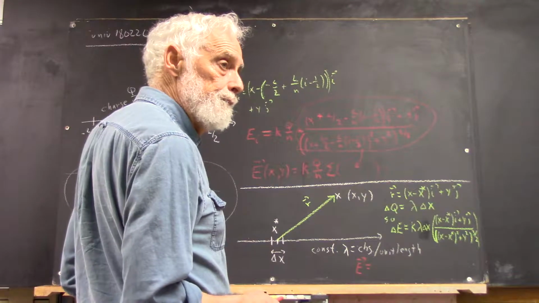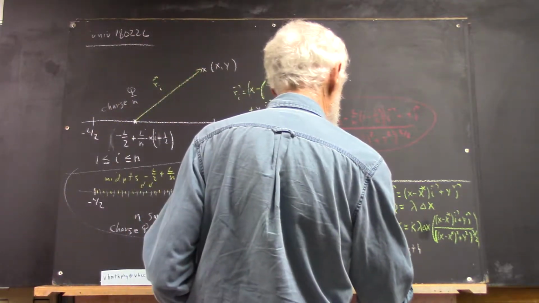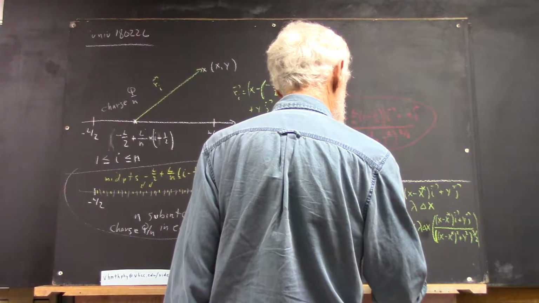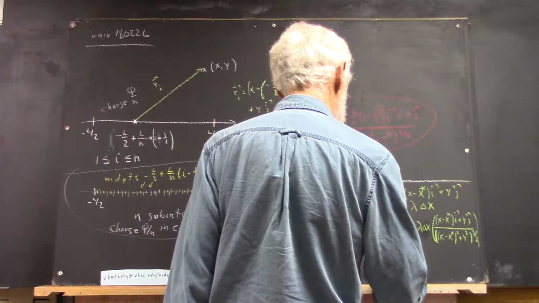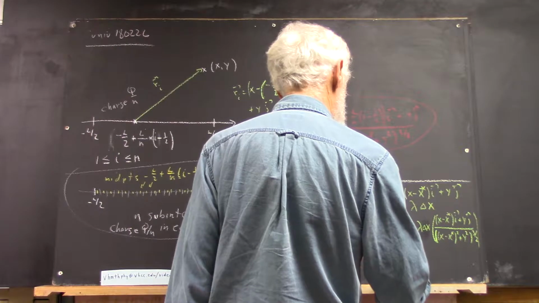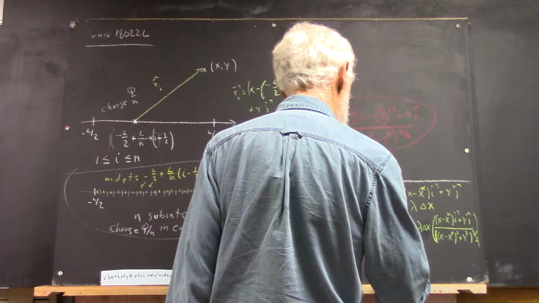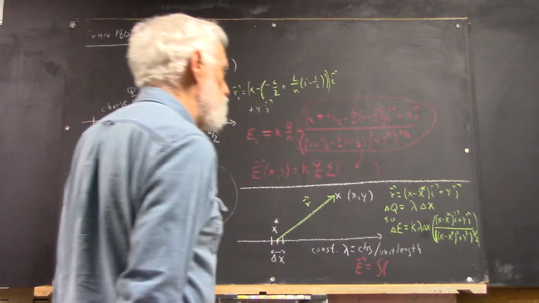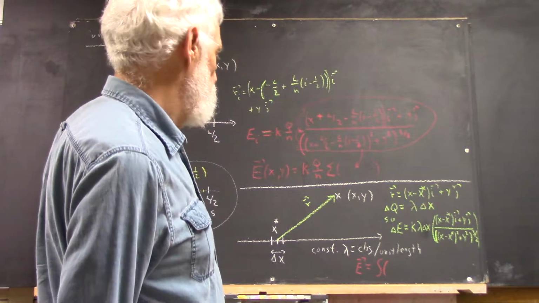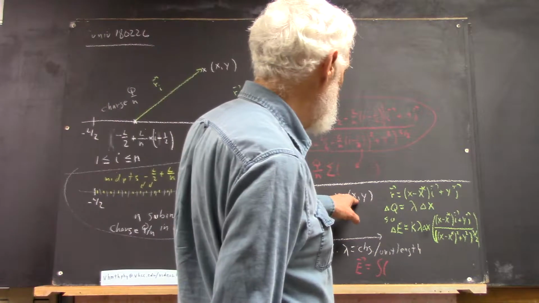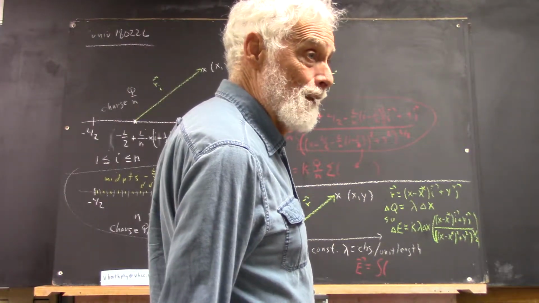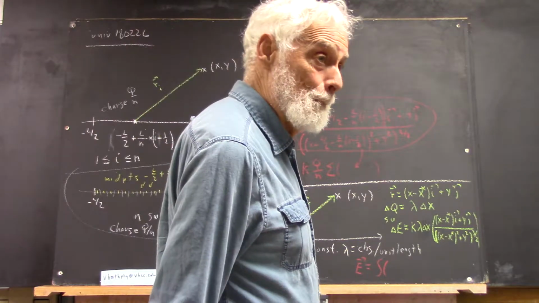From x star to infinity, or no, wait. I've got kind of a bad notation here, because I got x here, but I have an x-axis, right? So I better use a dummy variable here.